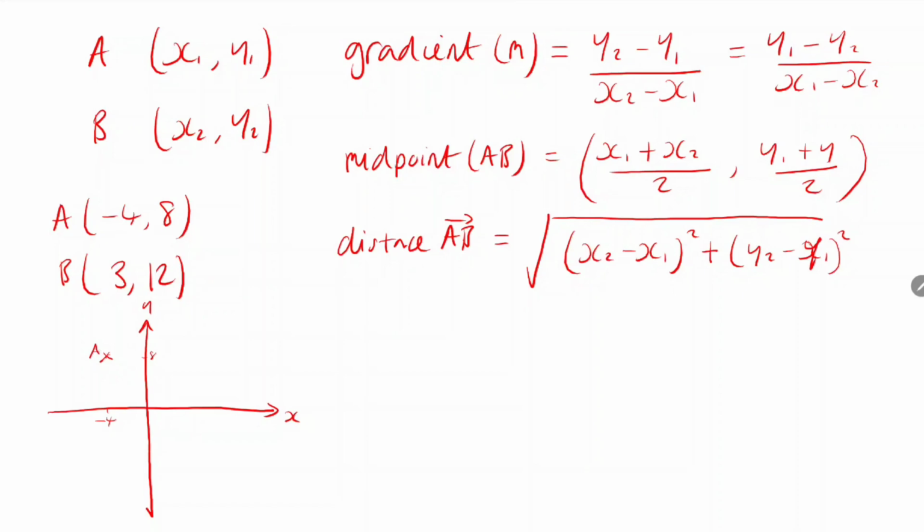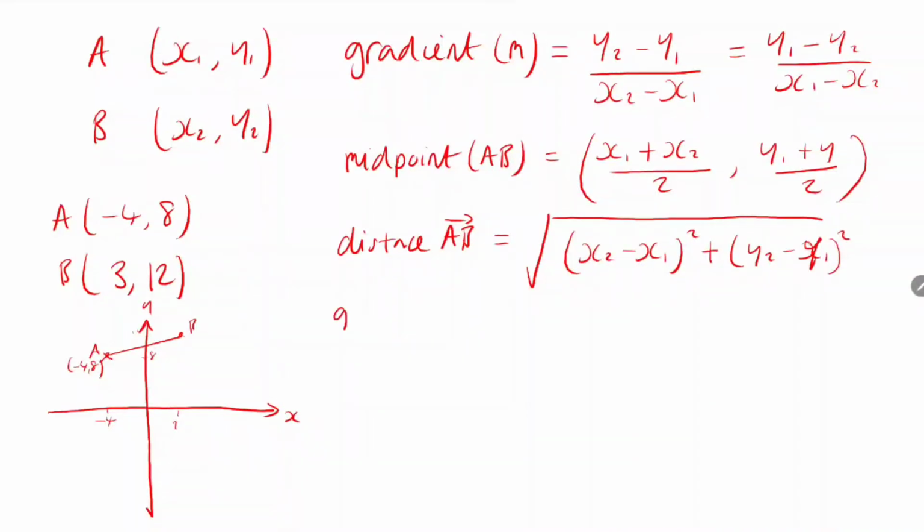So we'd have point A in this position, and B would be 3 across and 12 up, here. I would also encourage you to plot the 2 points and join them together. What you'll notice is that line is going up. So what that means is the gradient must be a positive quantity.